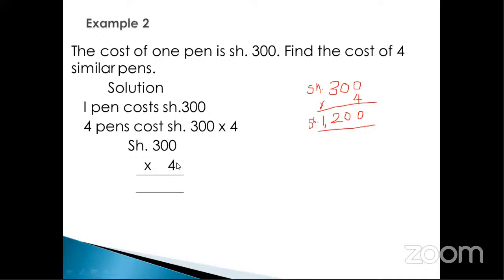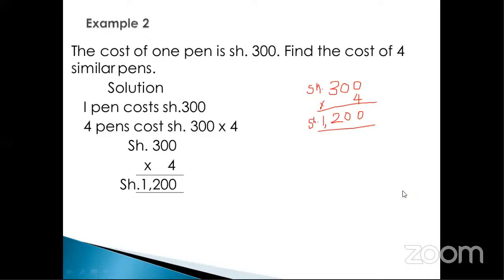Deborah said 4 times 0 is 0. Then 4 times 0 also is 0. Any number you multiply by 0 gives you 0. Now we multiply 4 times 3 to get 12. So finally we shall get 1,200 shillings. That means you are going to pay 1,200 shillings for 4 pens.